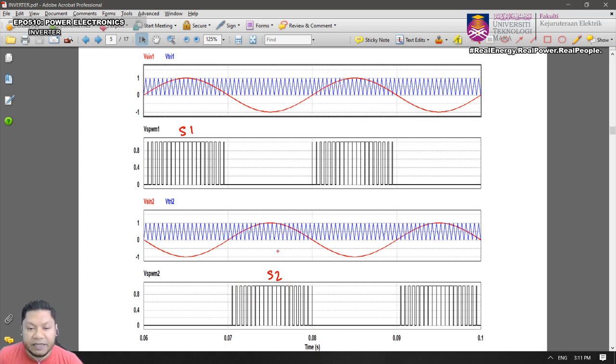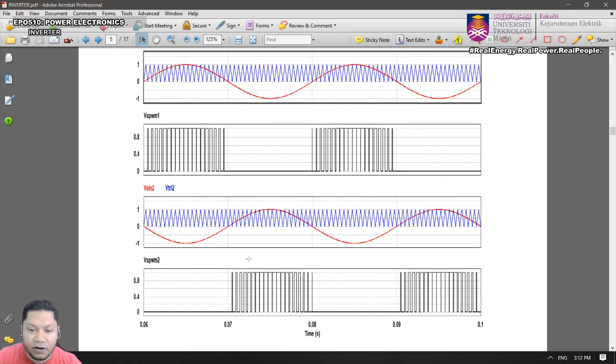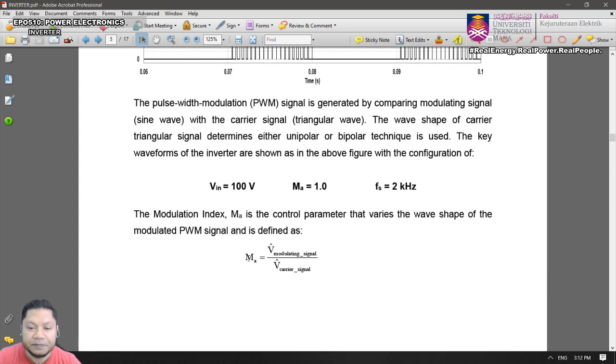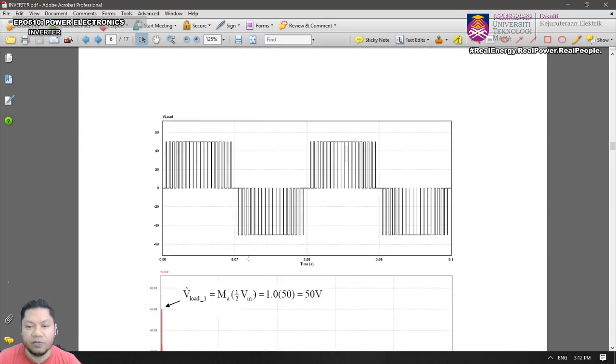So therefore you can imagine the output will be what? In this case, your output will be positive half E across the load, and during S2 on, the output will be negative half of the E, and it will follow exactly the modulated signal. I hope you can imagine that, and therefore I can show you the output voltage here. So this will be the output voltage.